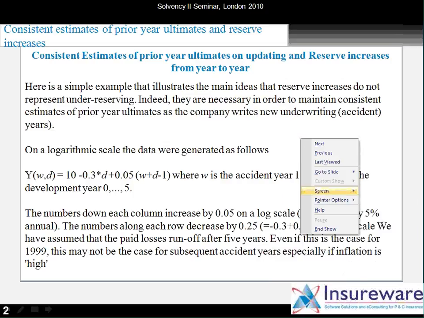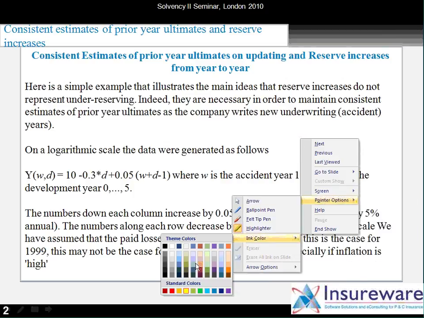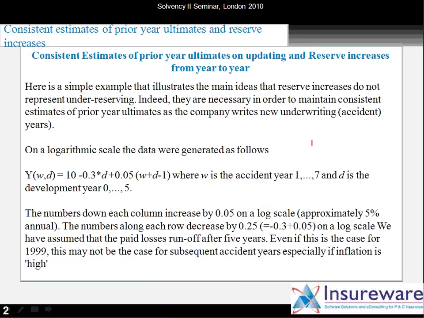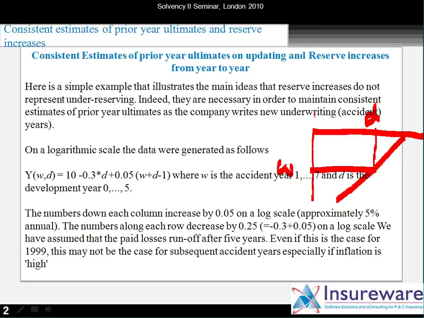Let's suppose that W represents the accident year, D is the development year. So if you have a cell in accident year W and the corresponding development year is D, then the calendar year is, if we start off with development year 0, W plus D minus 1.